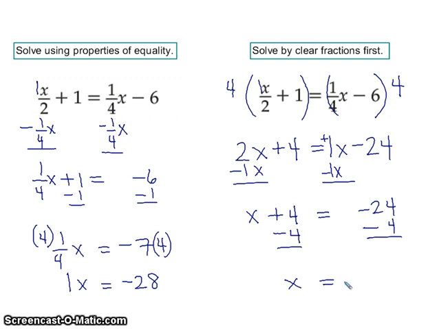So we have x is equal to -28. So using either method, I get the same solution. And remember, if I want to check my solution, I can plug -28 back in for x and see if the equation is indeed equal.